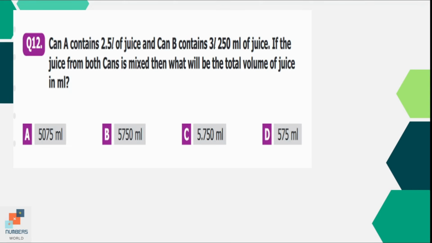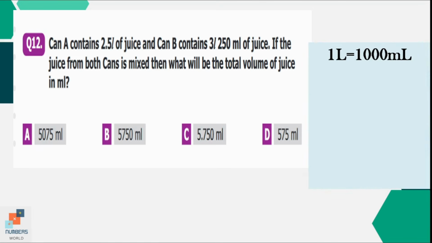Question number 12. Can A contains 2.5 liters of juice and can B contains 3 liters 250 milliliters of juice. If the juice from both cans is mixed, then what will be the total volume of juice in milliliters? As our interest is in milliliters, so we will convert liters into milliliters. 1 liter is equal to 1000 milliliters. So we will multiply the number by 1000 to convert into milliliters.